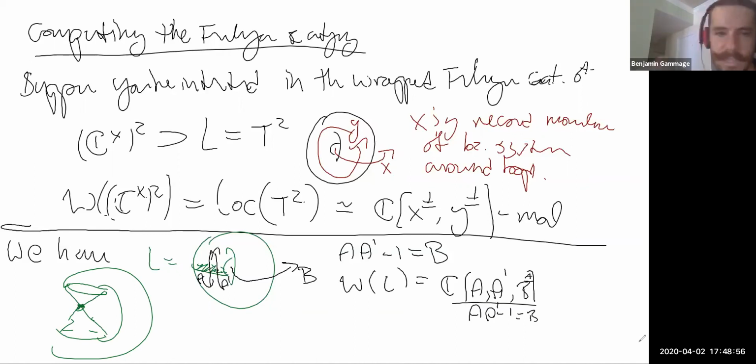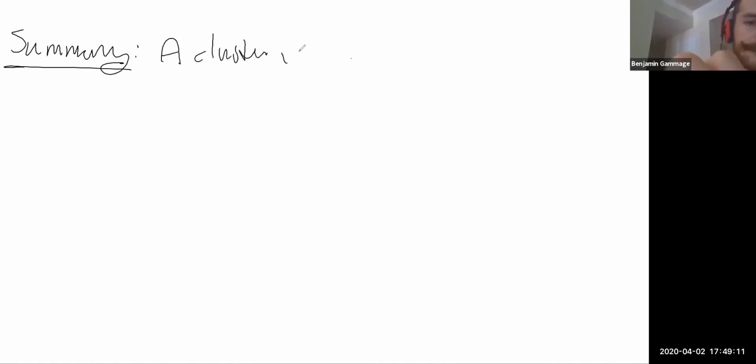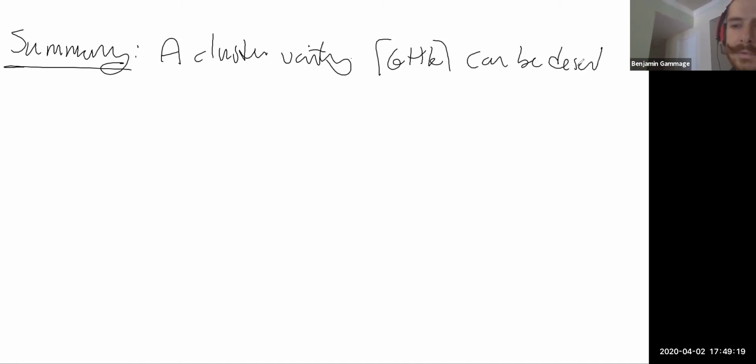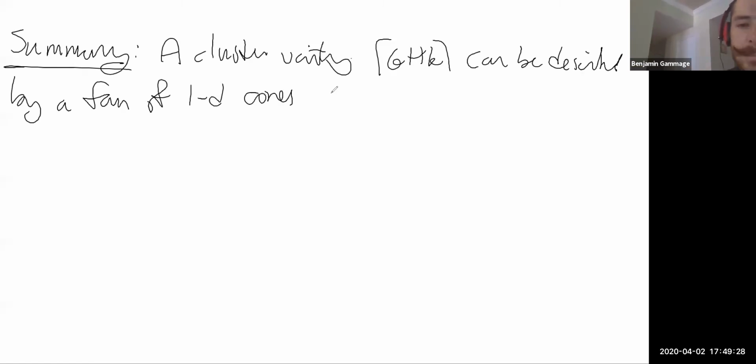So let me move on and now sort of summarize. Let's summarize what we've learned so far. A cluster variety, in the sense of Gross-Hacking-Keel, can be described by a fan of one-dimensional cones plus blow-up data along some of the cones, along some of those which are rays.